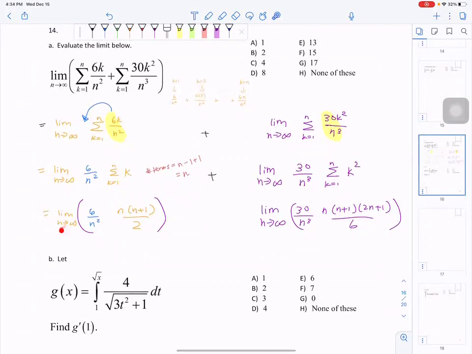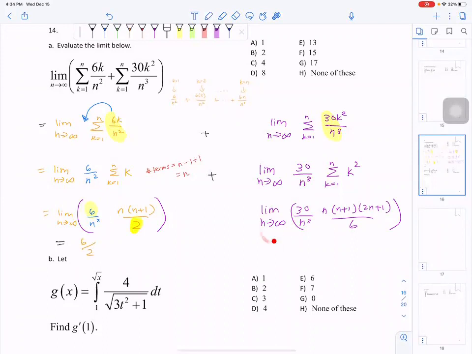Now remember, what are our limit rules as n goes to infinity? You look at the degree of the numerator and the denominator. Right now, the degree of our numerator is n squared, so degree 2. The bottom is also n squared. In that case, you take the coefficients, so the first one gives you 6 over 2.